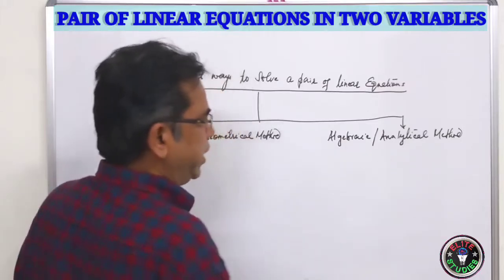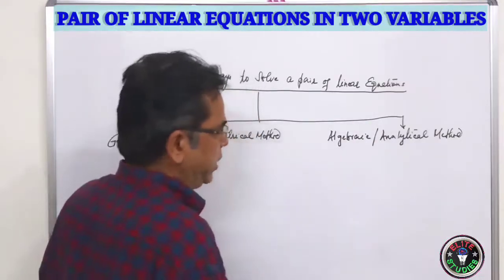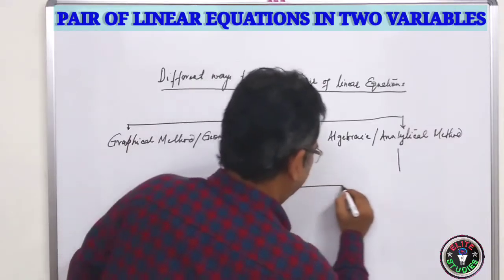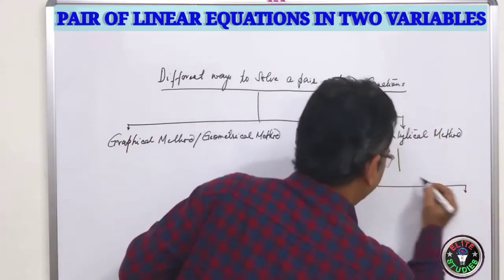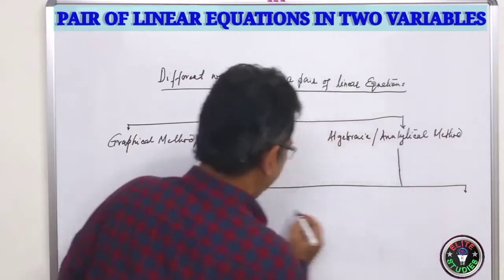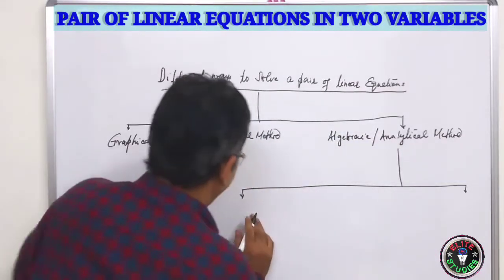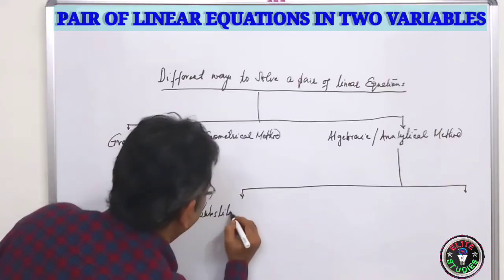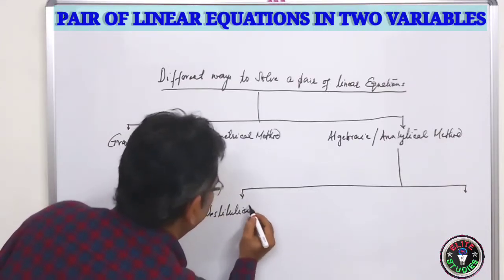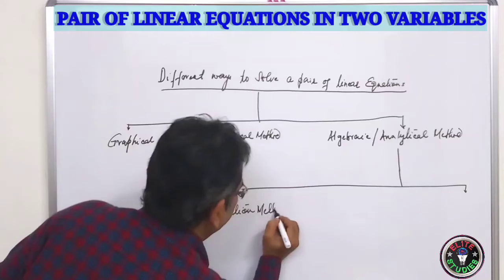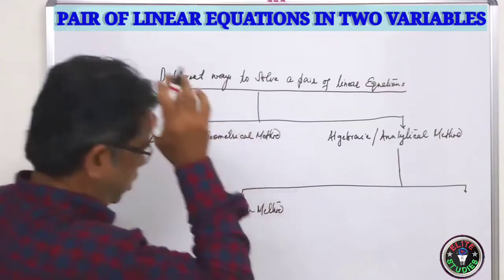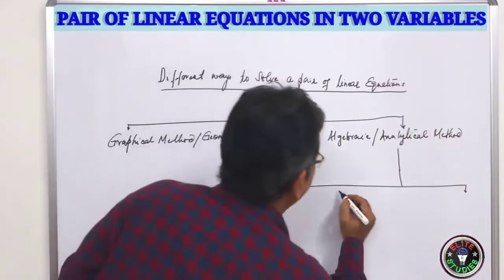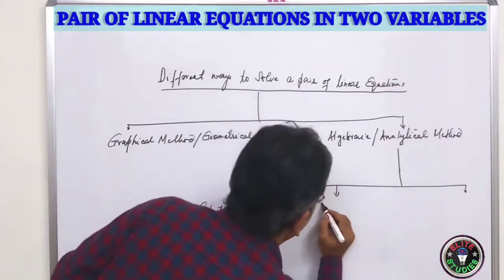Now, in analytical method, again, there are various ways. They are like this. One, substitution method. Then elimination method.